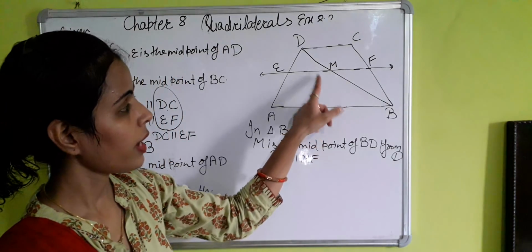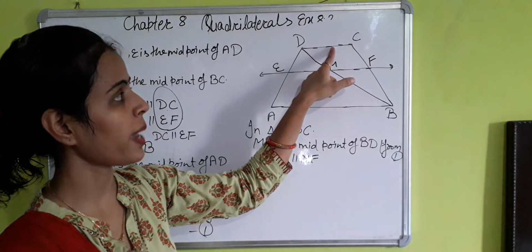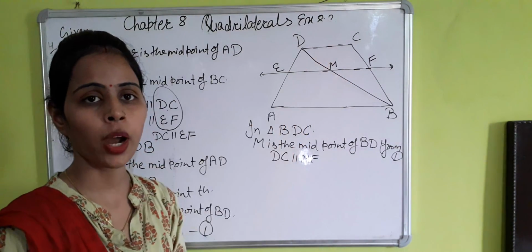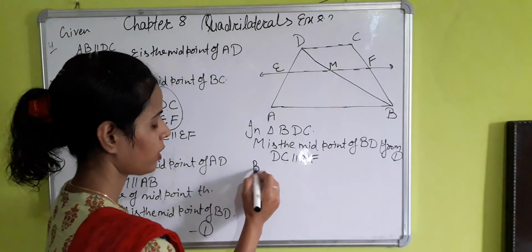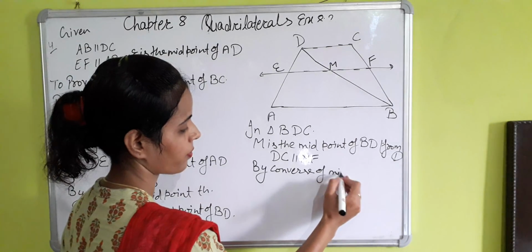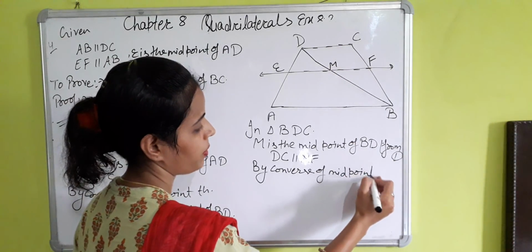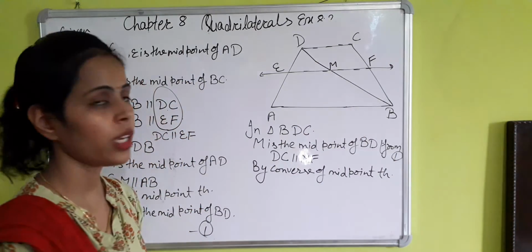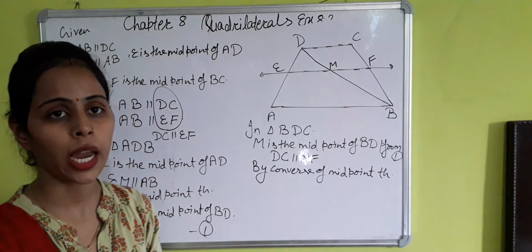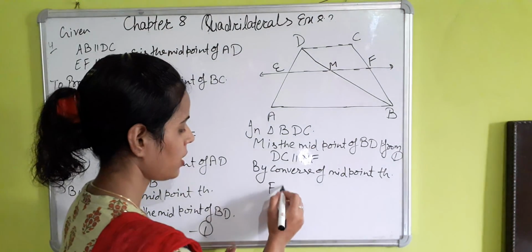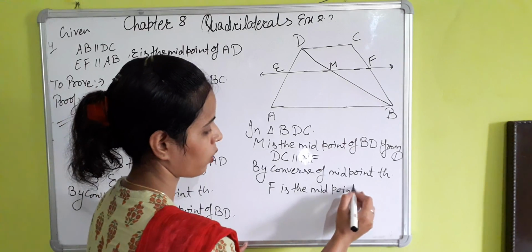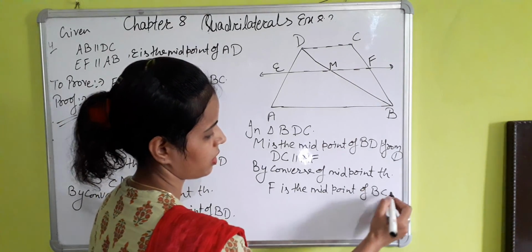In this triangle, M is the midpoint and this line is parallel to this line. So, by the converse of the midpoint theorem, we can say that F is also the midpoint of side BC.